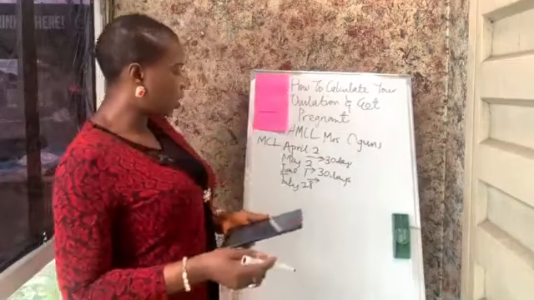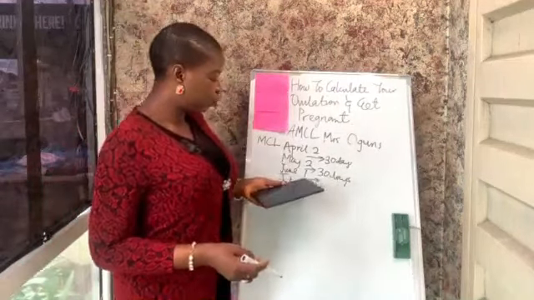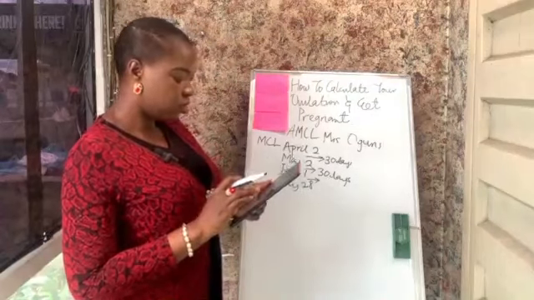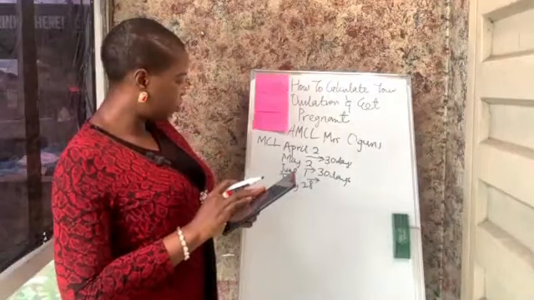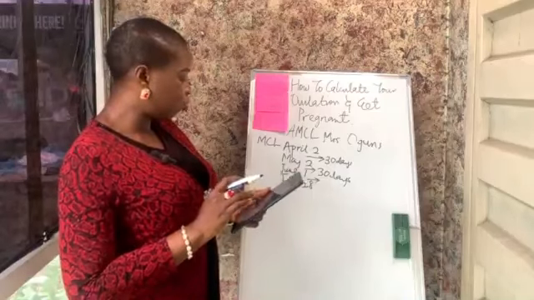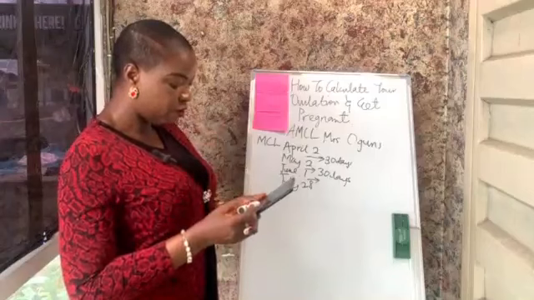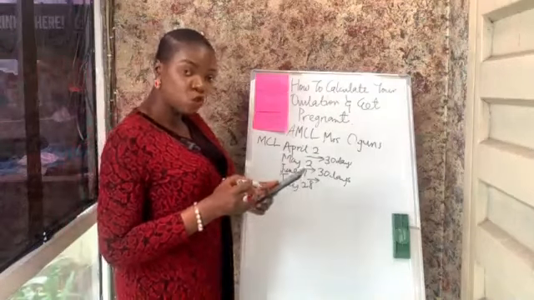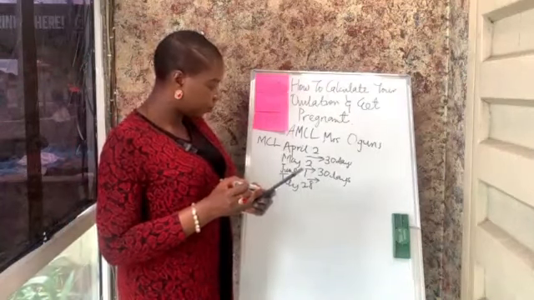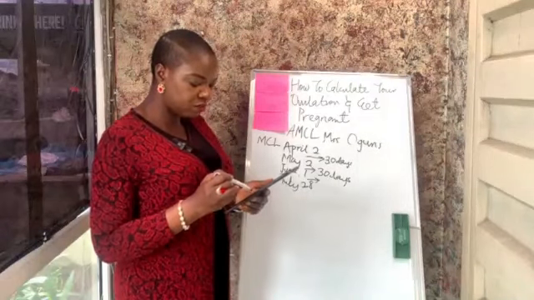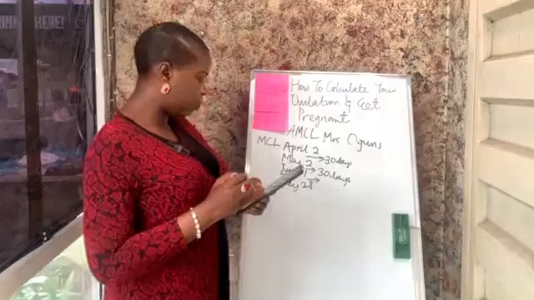Okay, so we're going to look at June 1st to July 28th. June 1st to 8, 7 days, 14, right? 22nd, 23rd, 24, 25, 26, 27, 28.